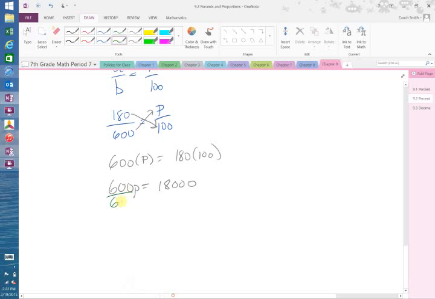So I divide by 600, that cancels, leaving me P is equal to 180 divided by 6, which P is equal to 30.